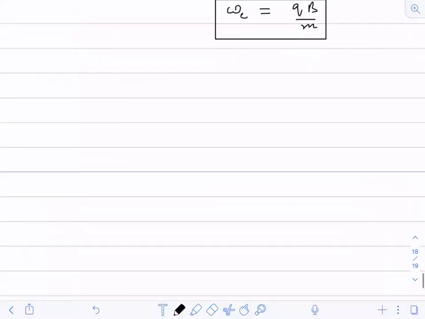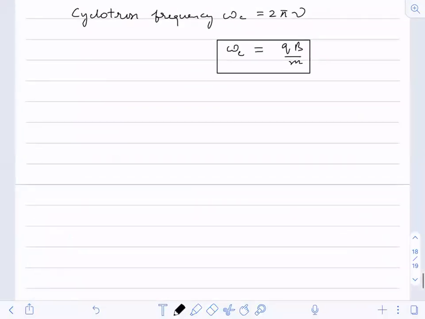So the first limitation: we cannot accelerate the particle to a very high speed. Why? Because the theory of relativity comes in between.